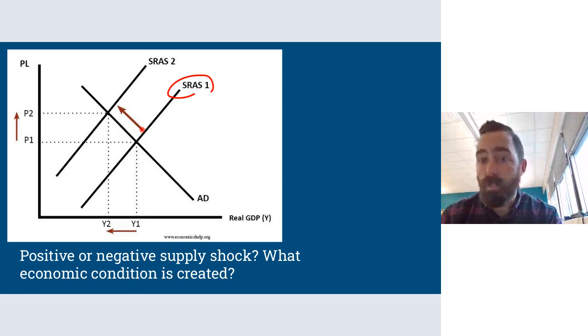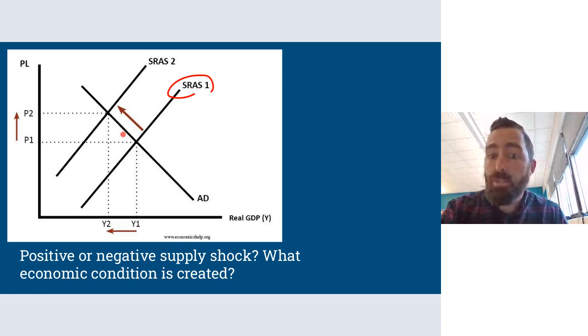Any of those determinants could lead to a decrease in supply. When you have a decrease in supply, this is known as a negative supply shock.